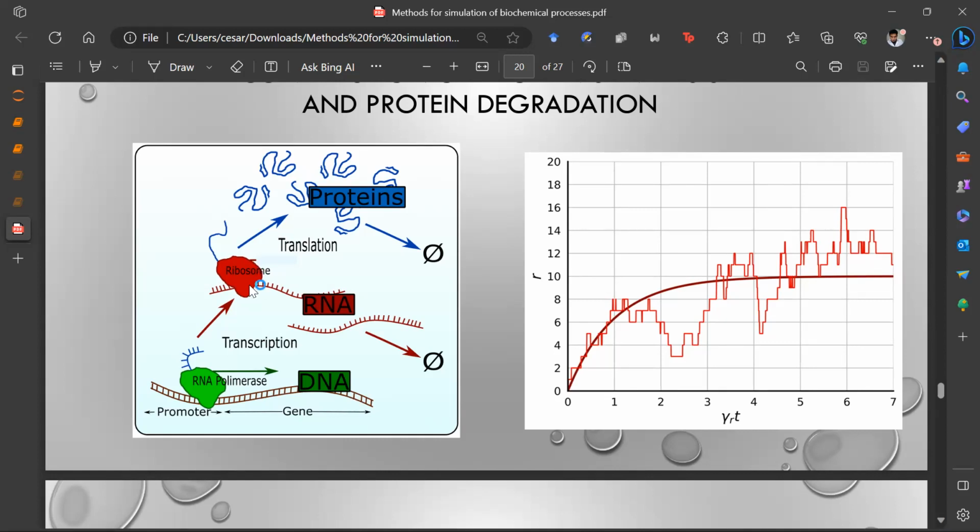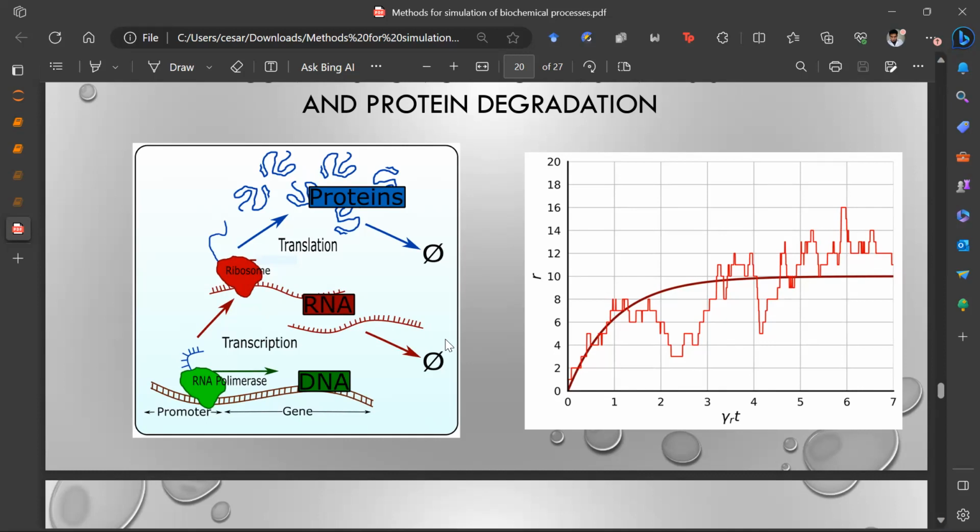Then using this RNA, there is another kind of enzyme called the ribosome that binds to the RNA and produces the proteins. However, this RNA usually is a very unstable molecule, and its lifetime is on the order of a couple of minutes.